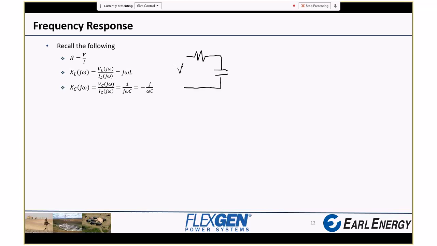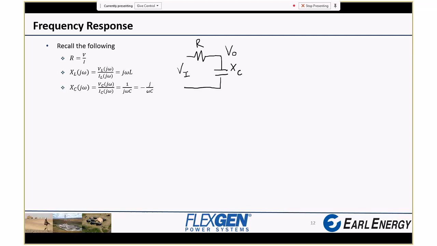Input voltage, and you might be looking at, say, an output voltage here. This has a resistance R and a reactance X of C. We know from the capacitor reactance that omega is frequency.